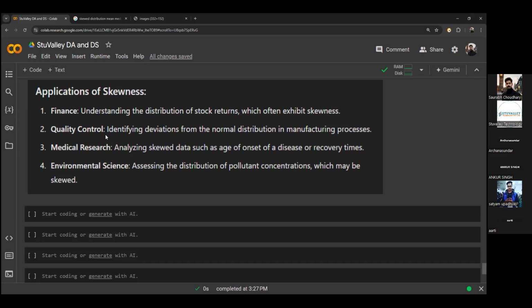Quality control, maybe you can see the skewness here. तो किसी बीमारी के होने और उसकी जल्दी रिकवरी होने का भी, if you make a graph it will be skewed. कई लोगों की बहुत जल्दी सही हो जाती है, कई लोगों की बाद में सही होती है. Distribution of pollutant concentration.